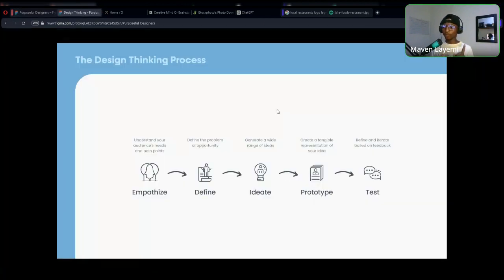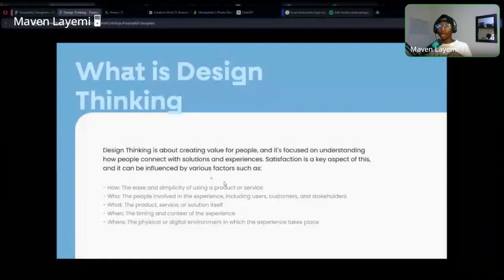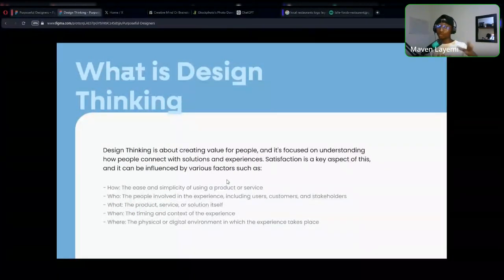So if you remember from my own personal definition, I said design thinking is about creating value for people. Then you want to understand the solution and their experiences. We've talked about their experience within the solution, how to connect people and the experience. We've talked about all of that.